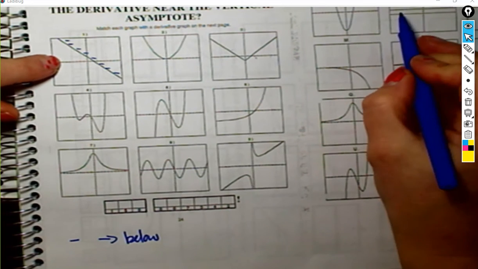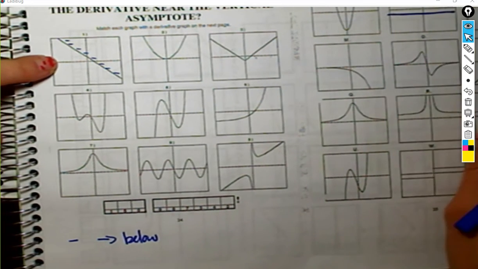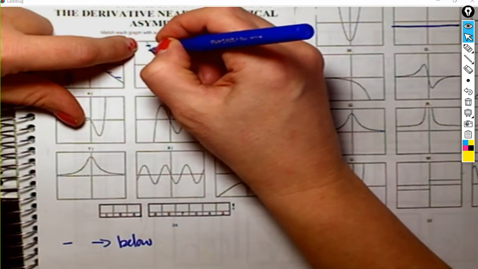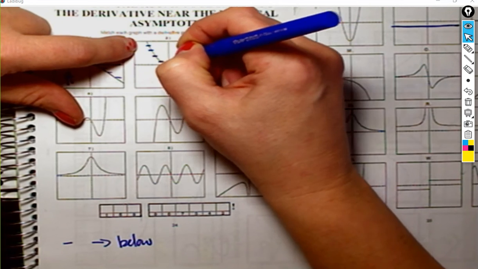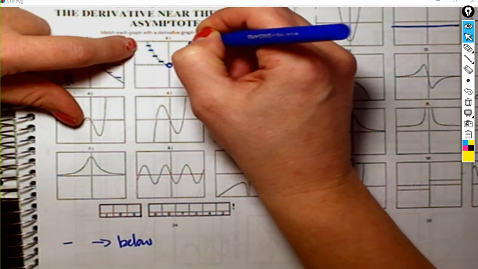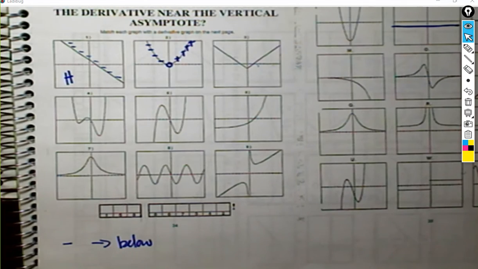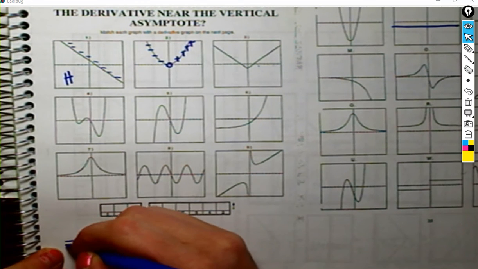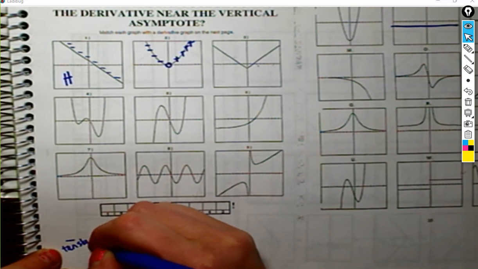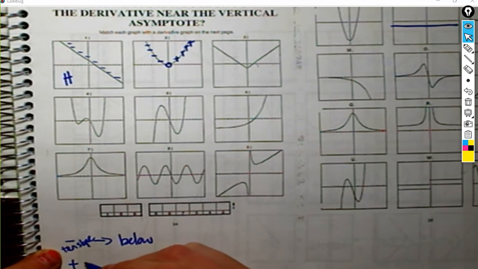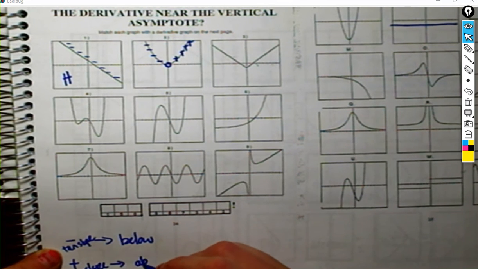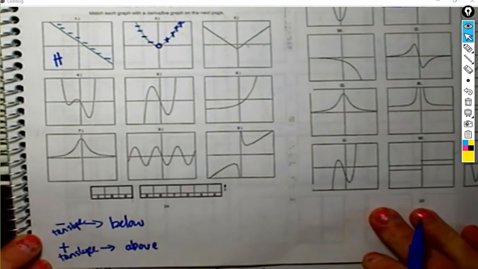So H. Okay, minus, minus, minus, minus 0, plus, plus, plus, plus. So I'm describing the derivative. Minuses went below, right? Negative tangent slopes, positive tangent slopes end up going above.